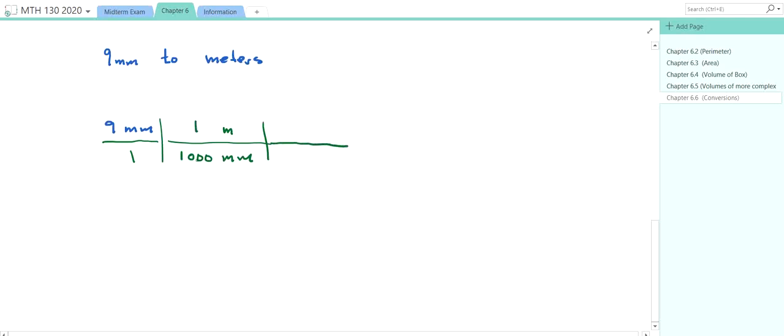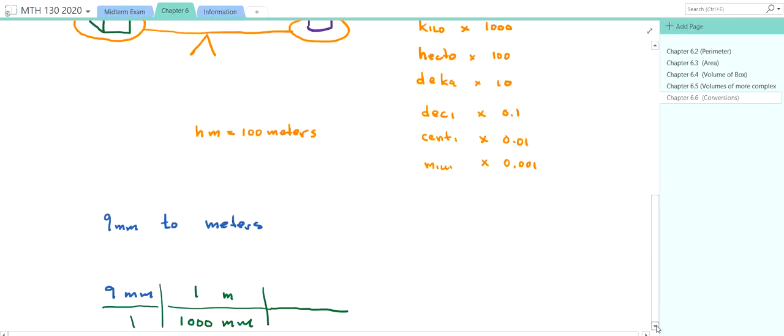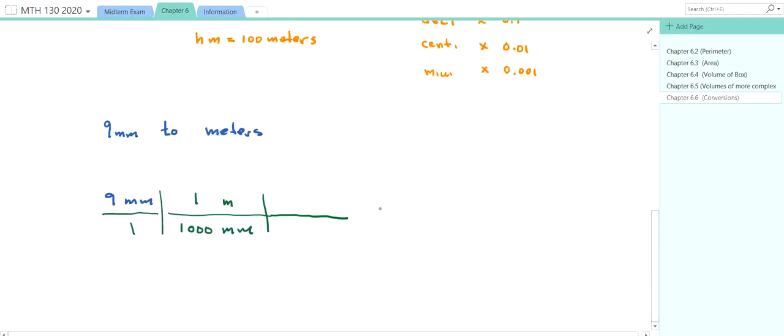Or if you have the metric system down in your head, you can quickly memorize those sorts of things, so you don't have to look it up. It's a little easier to memorize the metric system than it is the English system. So 9 millimeters over 1,000. The millimeters here cancel out, and we're left with meters.